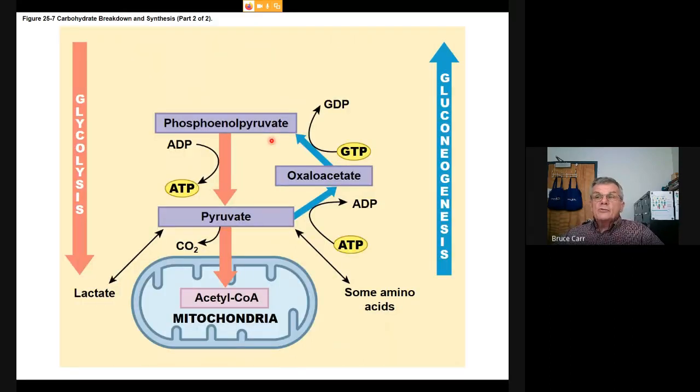So carbohydrates in general will be able to use this complementary pair of pathways, glycolysis to break down and gluconeogenesis to build up. Notice that if we're going to phosphoenolpyruvate through oxaloacetate, we're using ATP. So that glucose step is an energy burner.